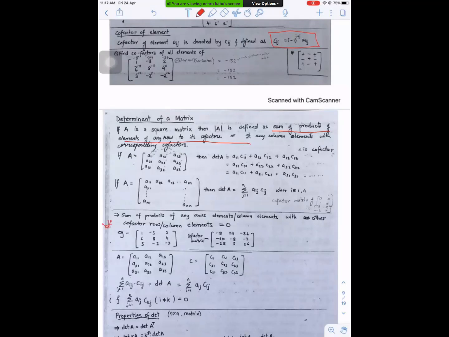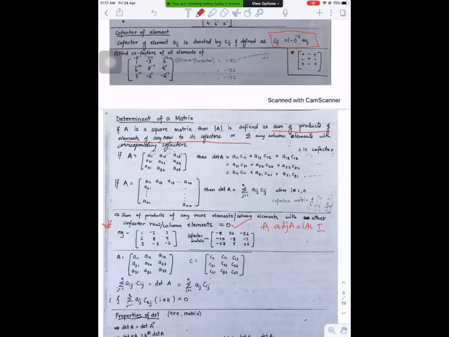The sum of products of any row's elements with their corresponding cofactors gives det. But if you take the sum of products of any row with the cofactors of another row, you will always get 0. This is a very important point. Based on this point only, the proof that A into adjoint A equals det A into identity comes.